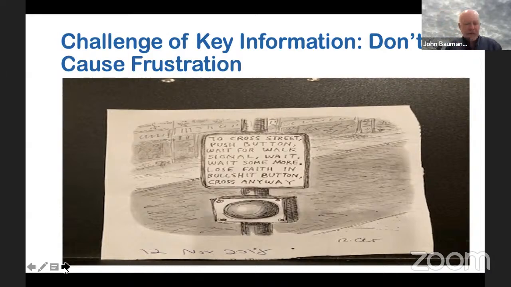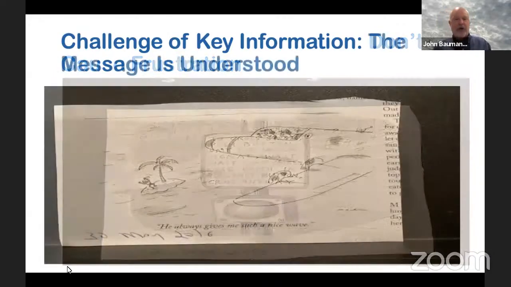And the other reason for the key information summary is to really make sure that the message that you want to get across in the informed consent is actually provided, to make sure that the potential subject understands the information that you are attempting to provide him or her.